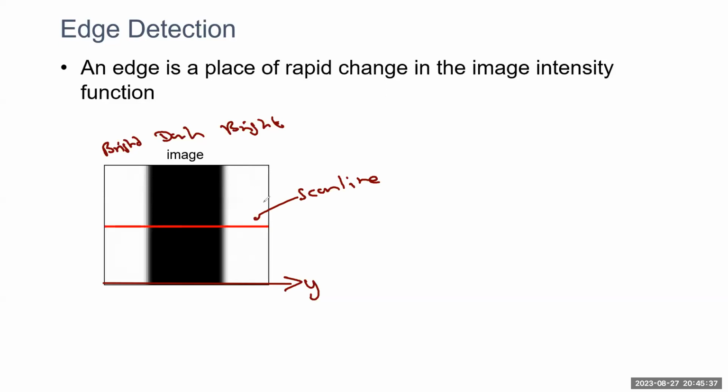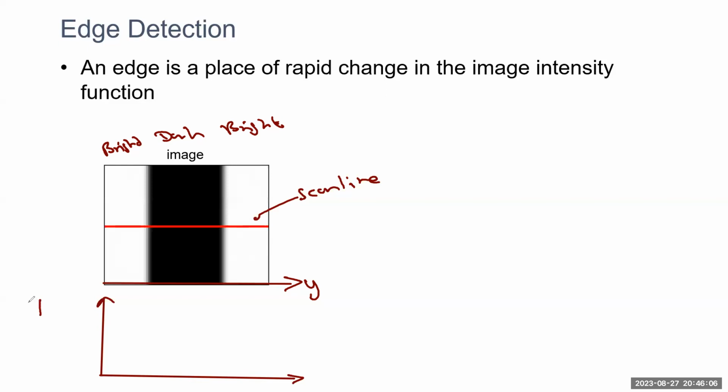If we plot the intensities of this particular image like this, how do you think the intensity is plotted?